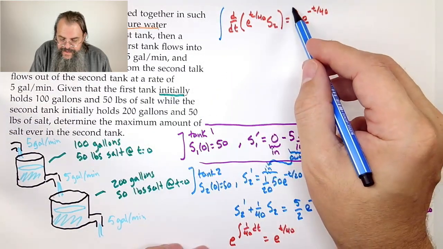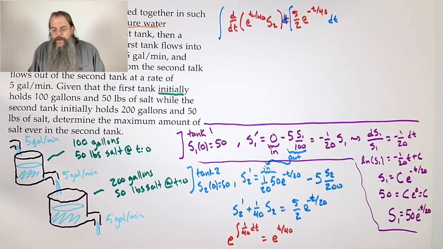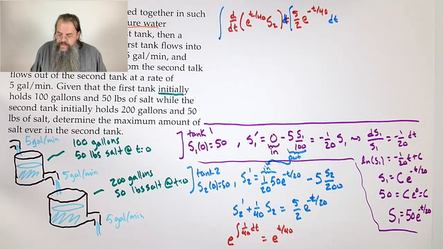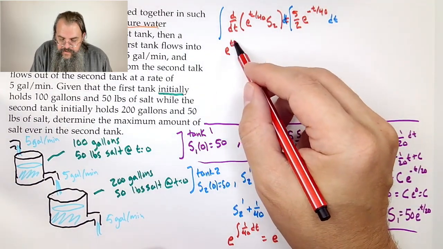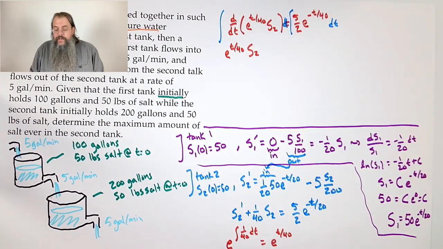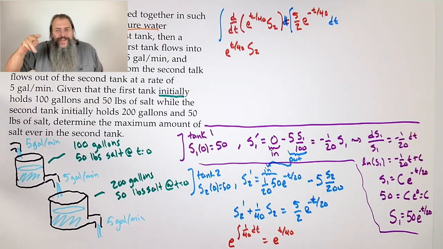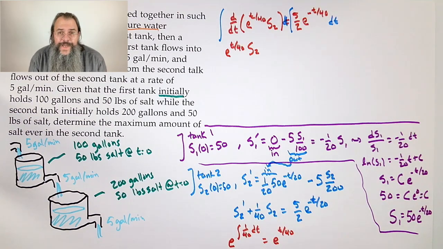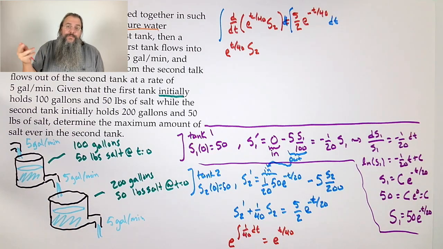So integrate. I'm going to give myself a lot of space to write down the dt's. So we have e to the t over 40 times S2. Now, on this side, when we integrate, the integral of e to the minus t over 40 is e to the minus t over 40, and we just have to account for that minus 1 over 40, and we do that by dividing by minus 1 over 40, or equivalently by multiplying by negative 40.